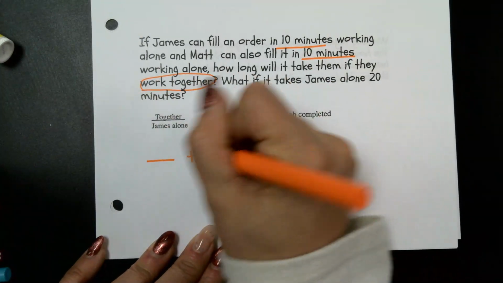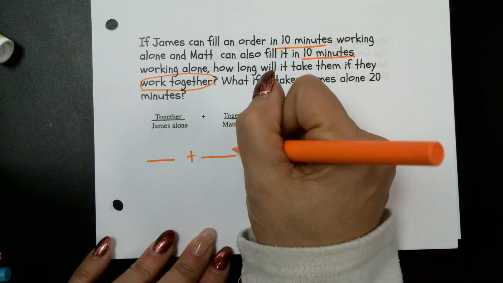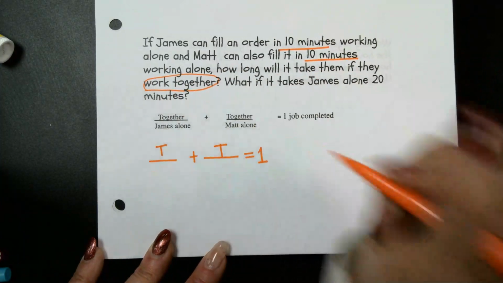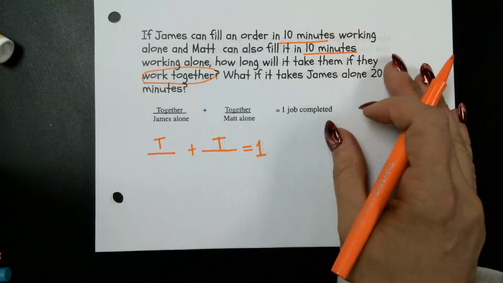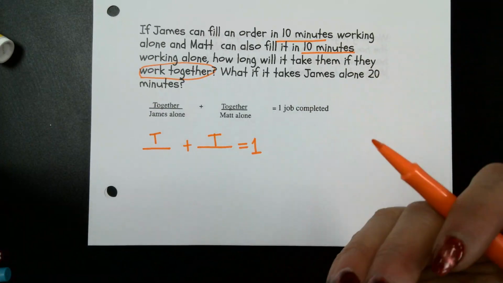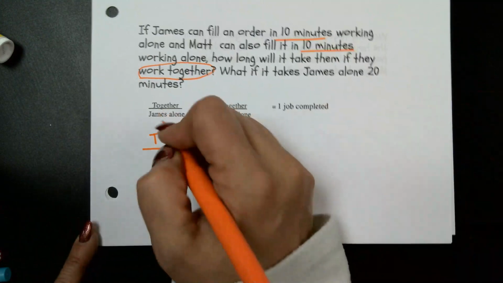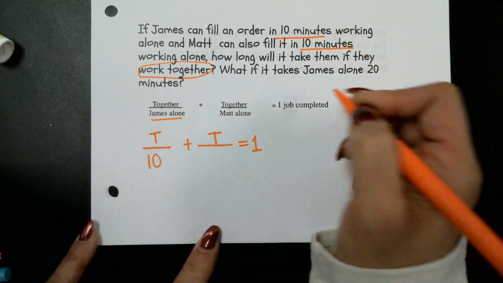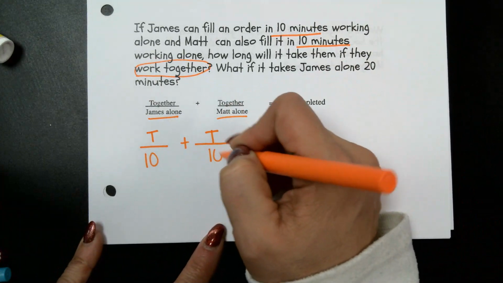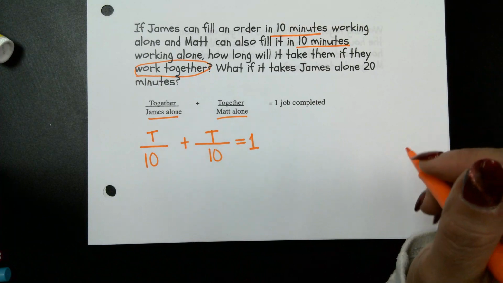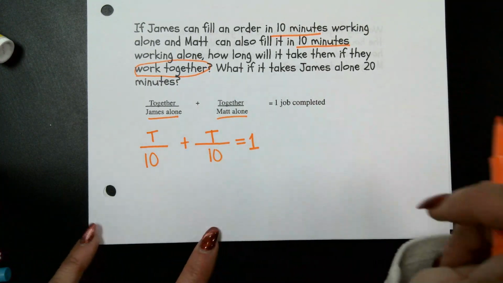Since I don't know how long it takes them together, we're going to use a variable up here, and I always use the letter T. That's the total time they work together. And on the bottom, you put their individual time. For James it was 10 minutes, and for Matt it was also 10 minutes. That's the equation we're going to solve.